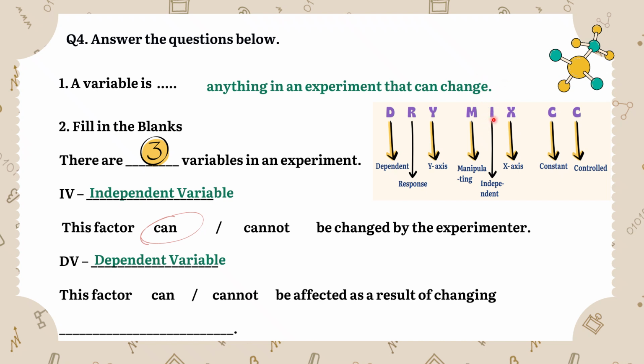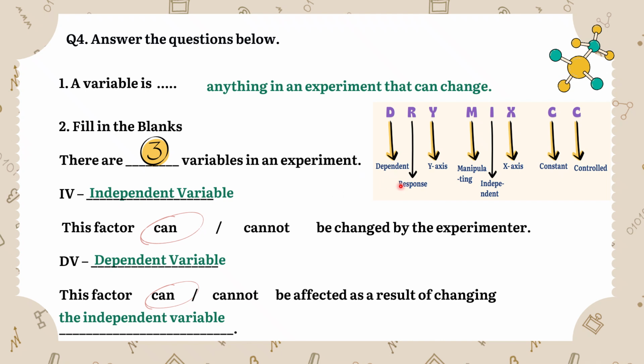And because of this change in the independent variable, there is a response, or some other factor changes in the experiment. That response is called a dependent variable. This means dependent variables can be changed in an experiment as a result of change in the independent variable.